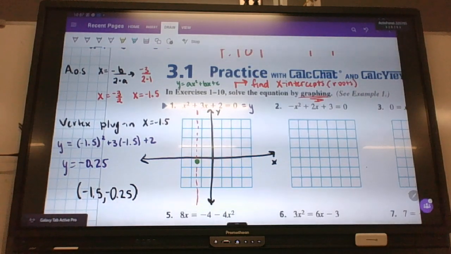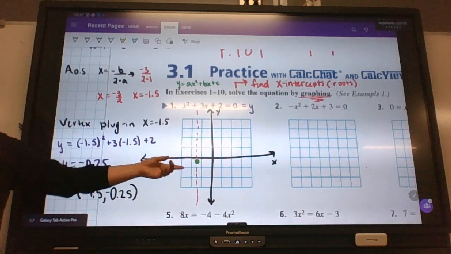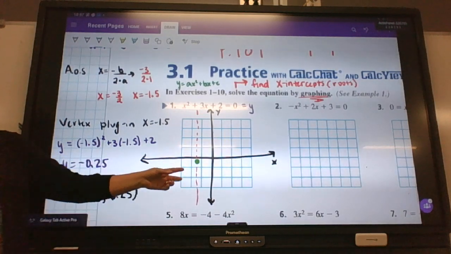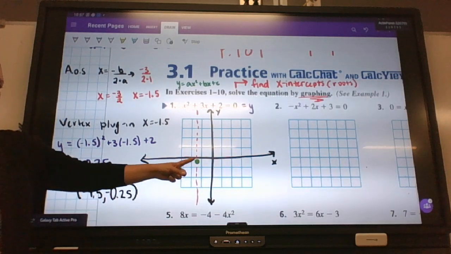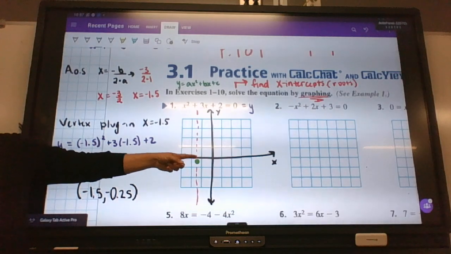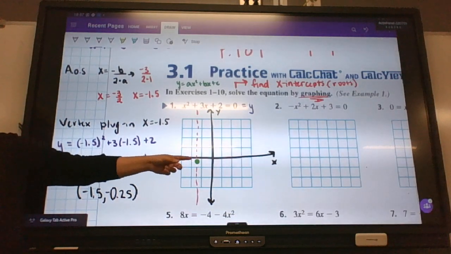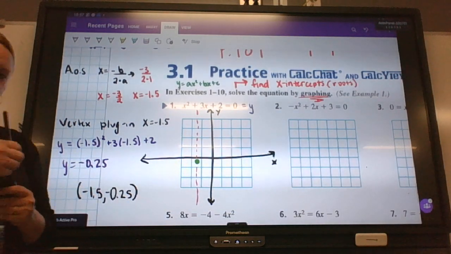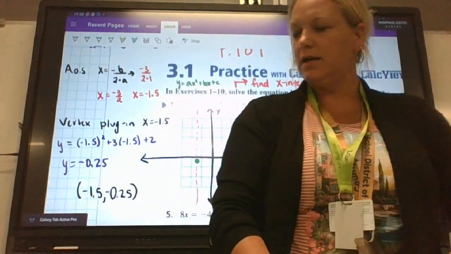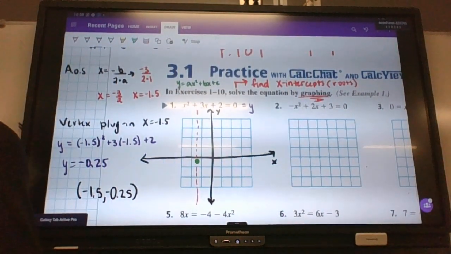Okay. All right. So I've gone through the steps to find the vertex. It's in a weird spot. -1.5, -2.5 is kind of floating here. It's about a quarter of the way down. That is officially your vertex. Now the next step in making a graph is using a table.